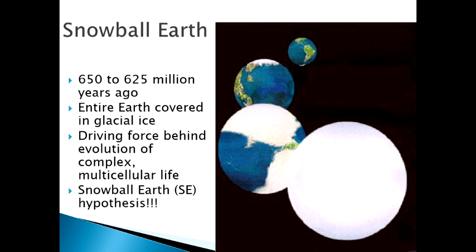But in the 1980s, we started finally accumulating a lot of evidence from around the globe that said to us, wow, during this time period, even places that we know from tectonics were in the tropics have evidence that glaciers existed there. And so you have to imagine a planet like this that not only has polar ice caps, but growing ice sheets, and ultimately a ball that is completely frozen or mostly frozen. And we've called this the snowball Earth, or SE hypothesis.